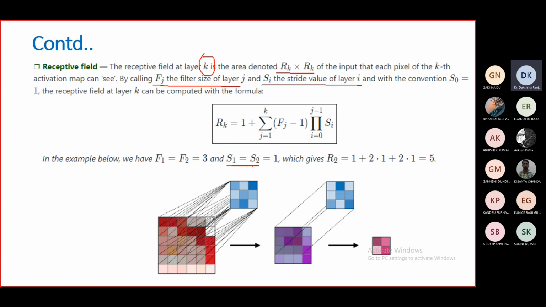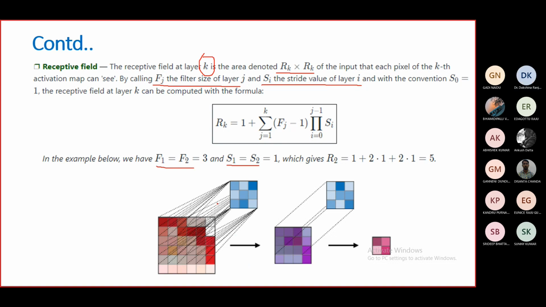So here we are having two filters of identical dimension. Then what will be the dimension of the receptive field? If we know the filter dimension for the convolution operation and the stride length, then we can determine the receptive field that will decide the neighborhood area in the input image.